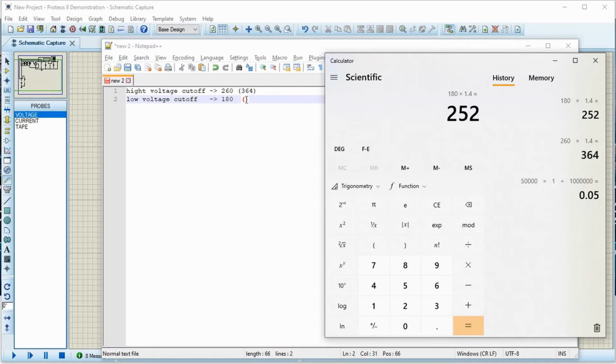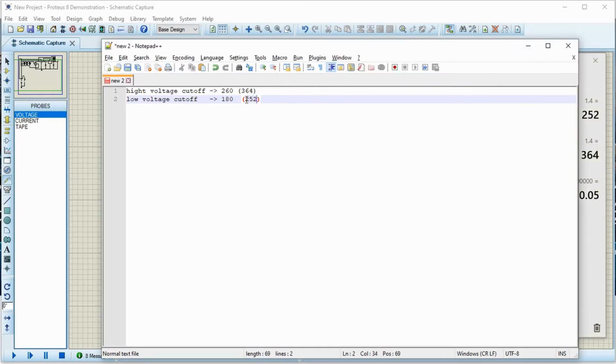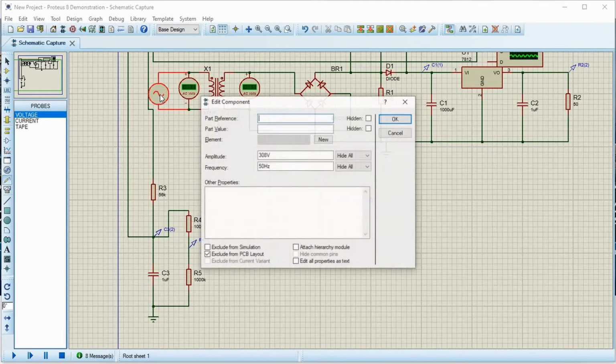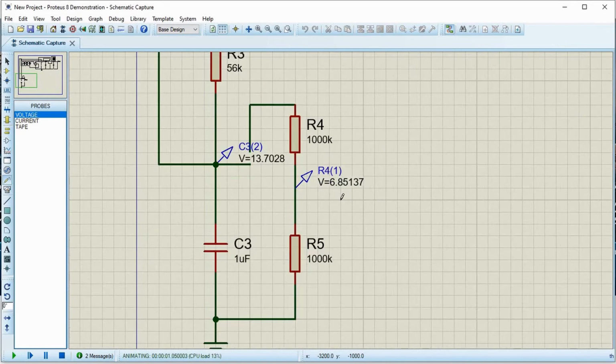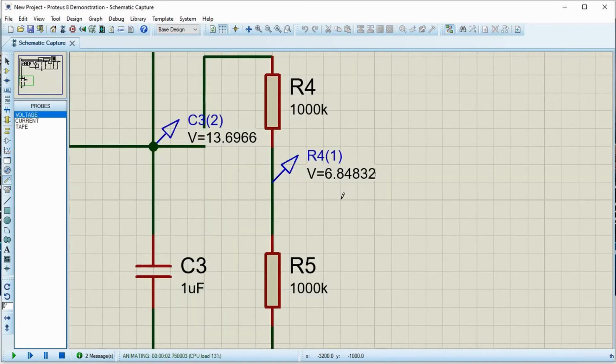Because in the alternator we have to enter the peak voltage, for 260 it is 364. So this voltage is 6.85.